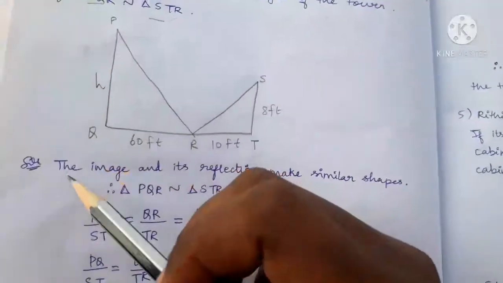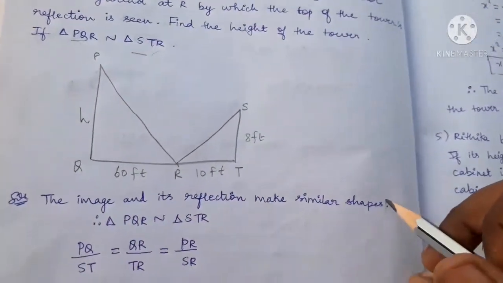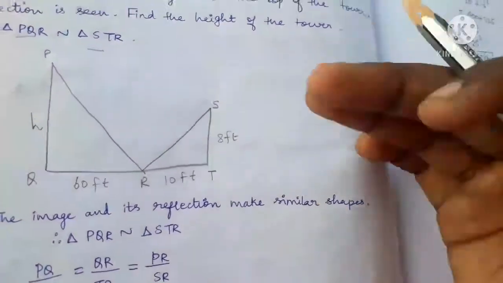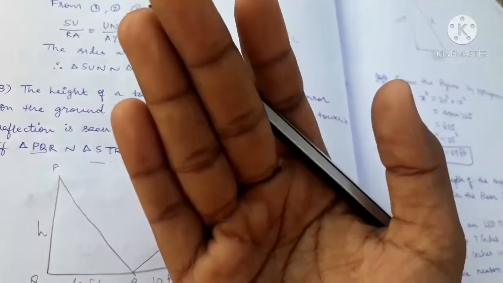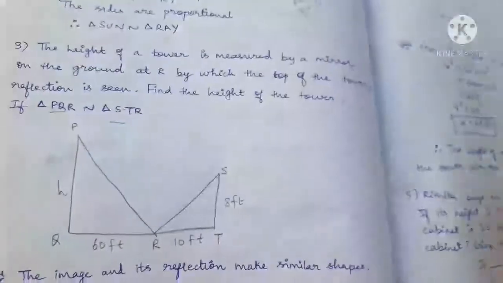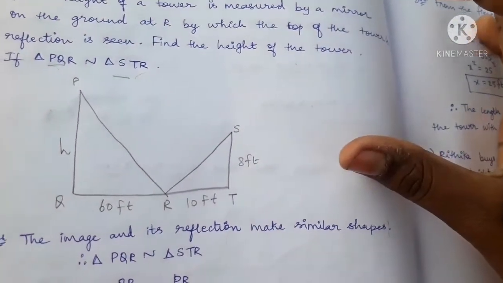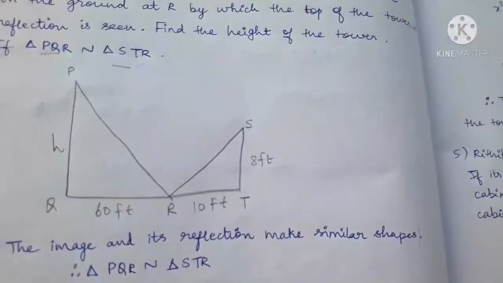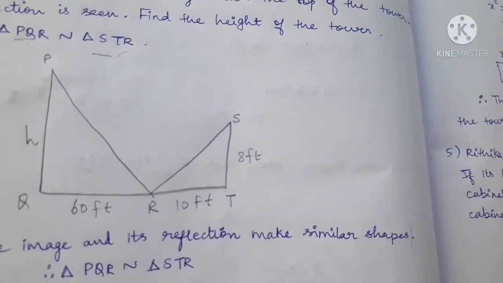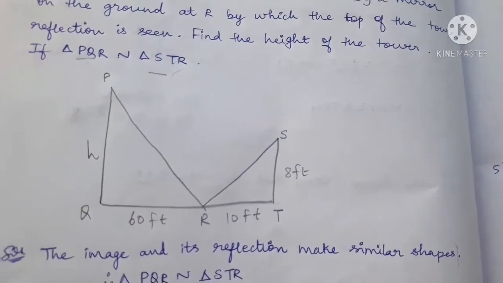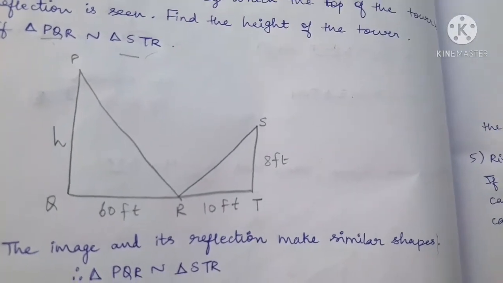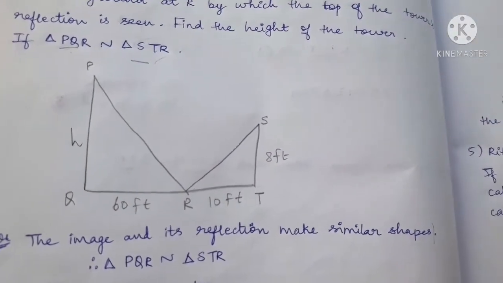Now, the image and its reflection make similar shapes. You already know, if you go and see your face in a mirror, it will look the same. But when you see a mirror reflection from a distance, your original face and that will look similar, but not actually equal.